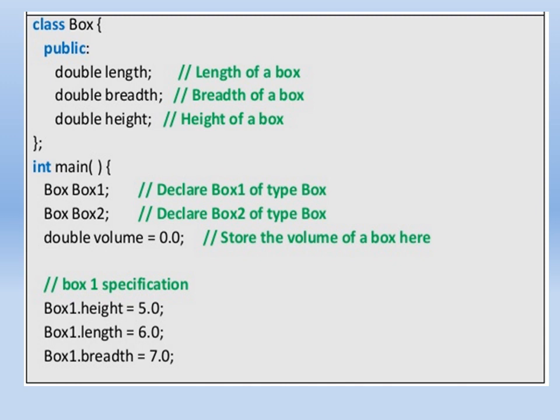So what we did, we declared one class Box, and in that we declared three variables. In the main function we create two objects of the class Box, we declare one variable of data type double, and through the object we access the data members of the class and assign the values.